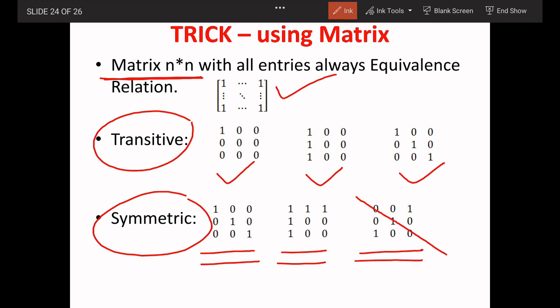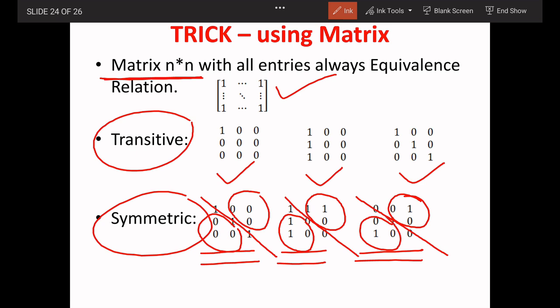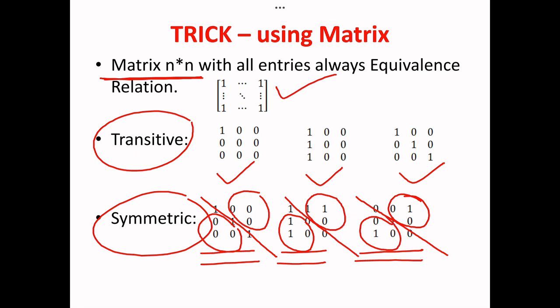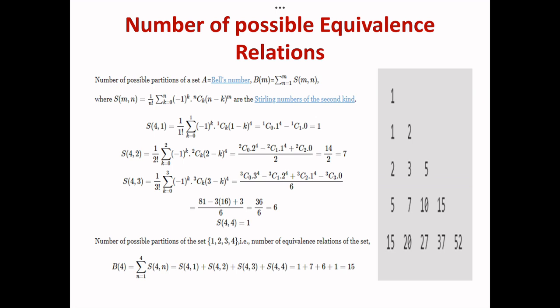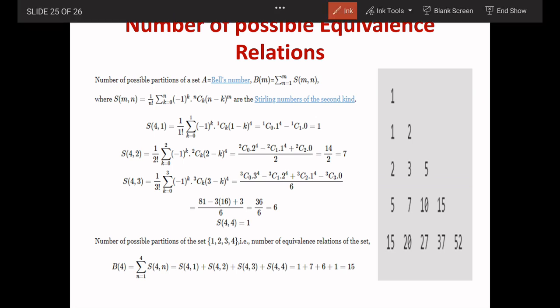So by the help of the matrix also we can say which will hold the property of relation. Symmetric means mirror image at the diagonal. Now another important thing: the total number of possible equivalence relations.